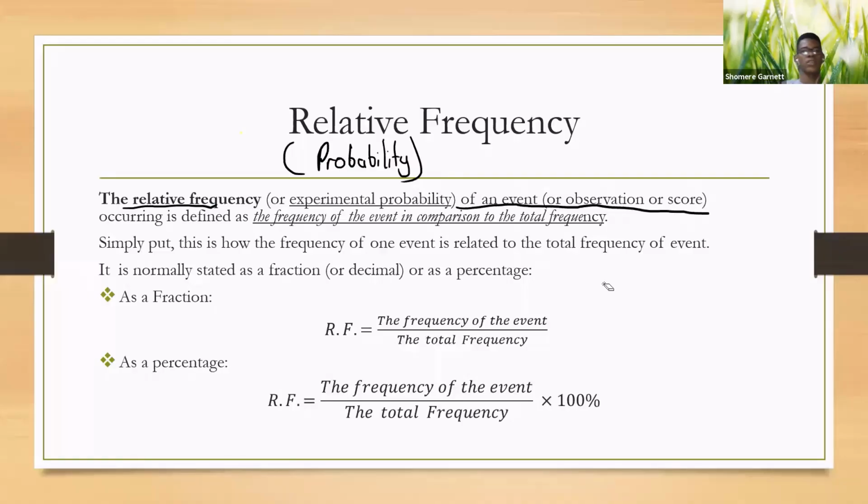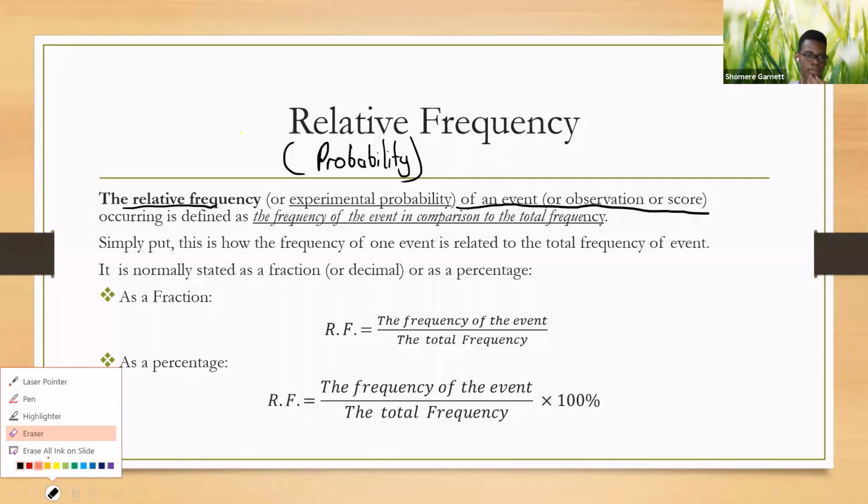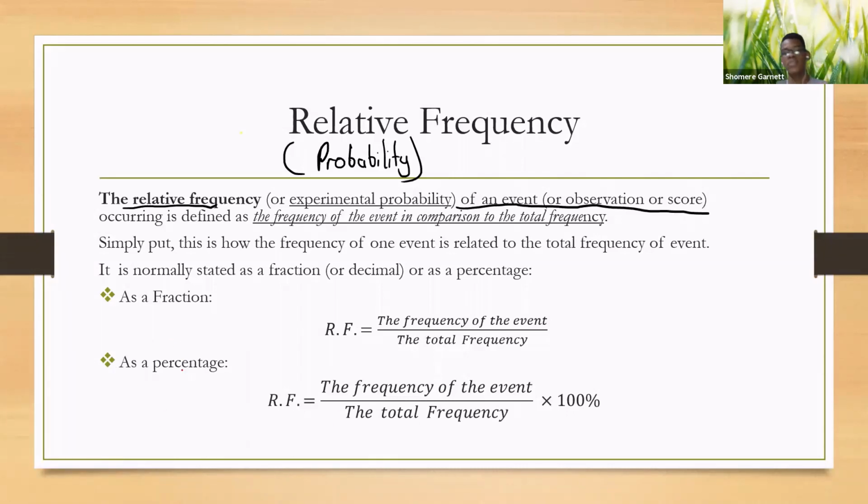All right, so that is relative frequency. Frequency is just the number of times an observation occurs. A relative frequency is just the probability of a specific observation, right? You can express it as a fraction or as a percentage.